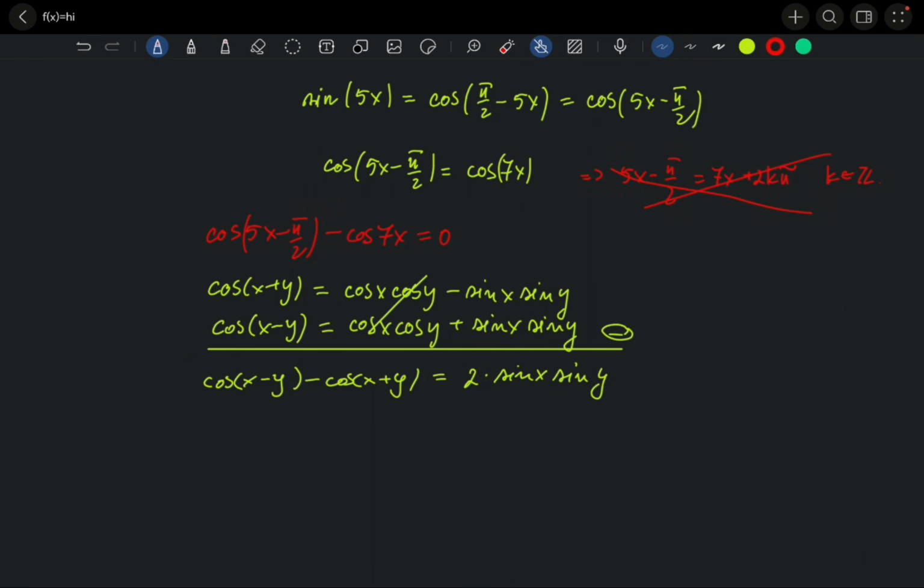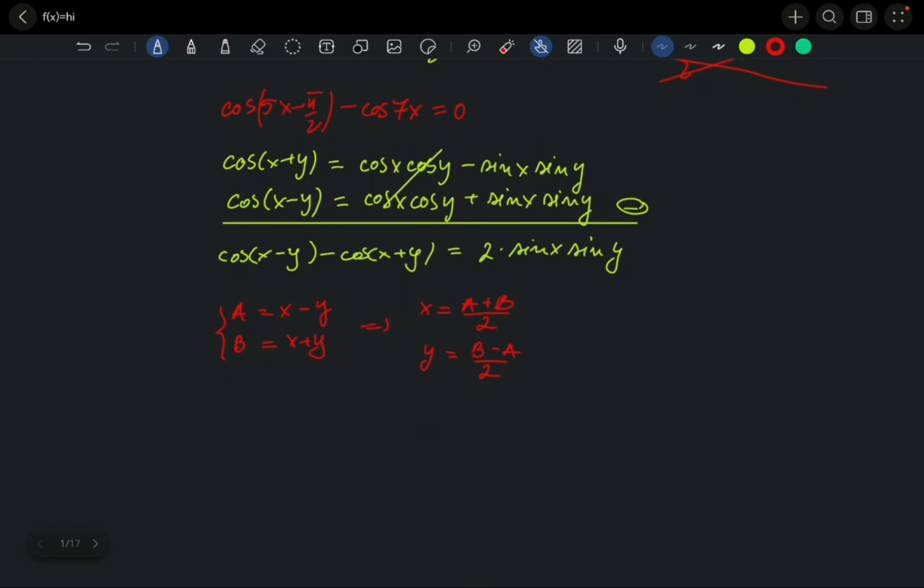And now if you let a be equal to x minus y and b be equal to x plus y, then by adding those two up, we get that x is equal to a plus b over 2, and from subtracting those two equations, we get that y must be equal to b minus a over 2.